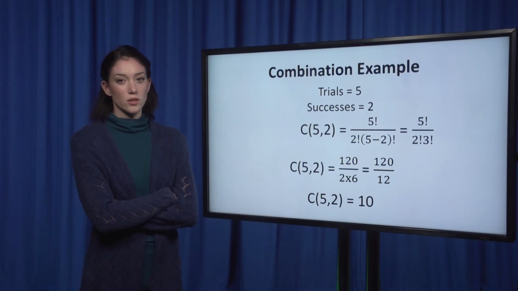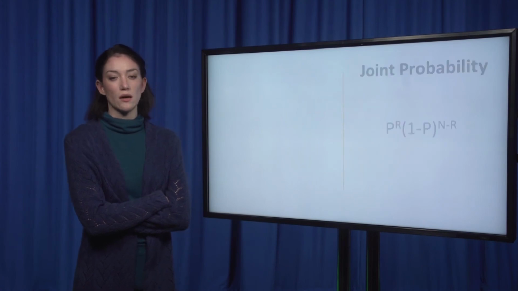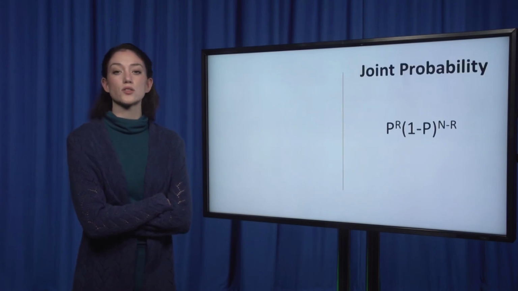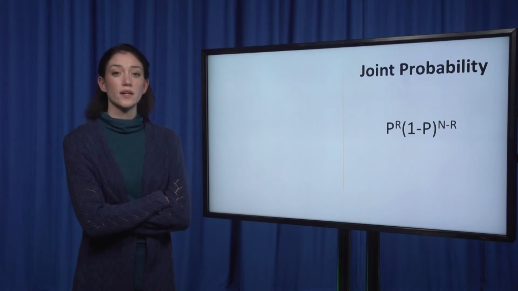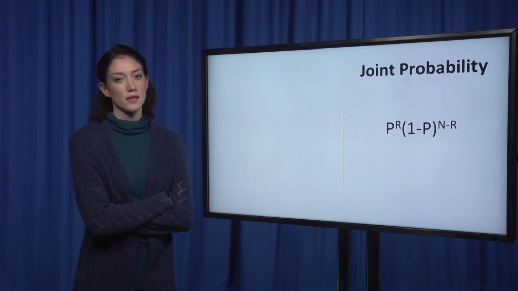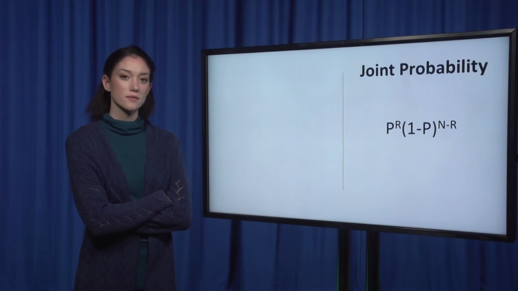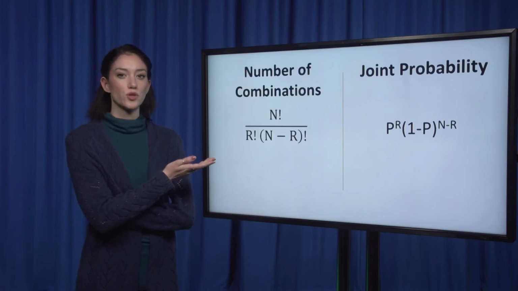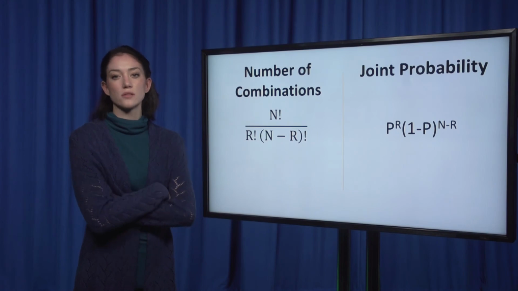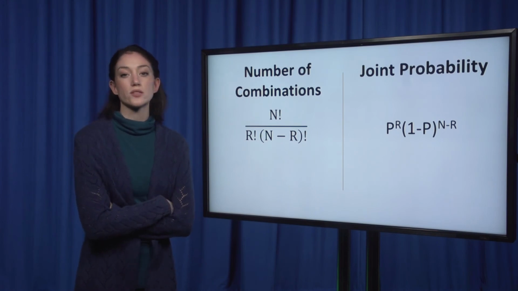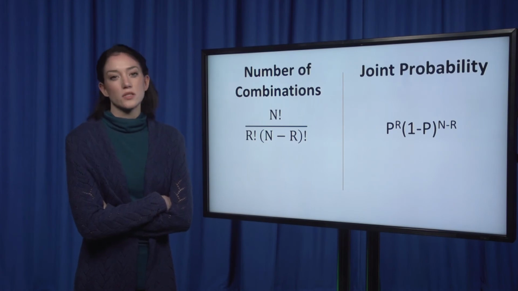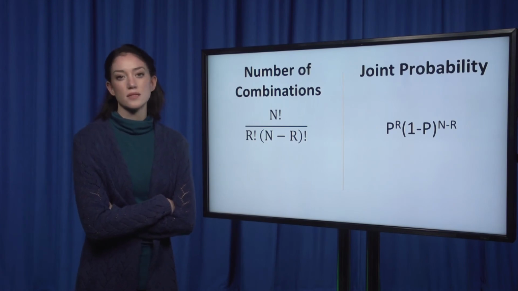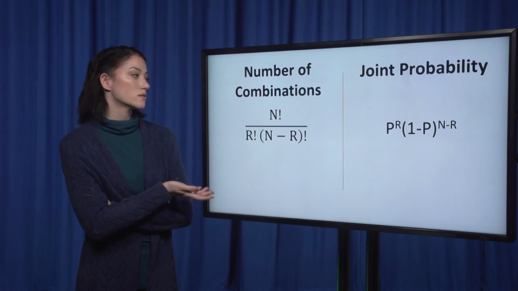Now you see how to compute the joint probability of a particular sequence that has R successes in N trials, such as failure, failure, success, failure, success, and how to compute the number of combinations in which a sequence has R successes in N trials, such as 10 ways to get 2 successes out of 5 trials.